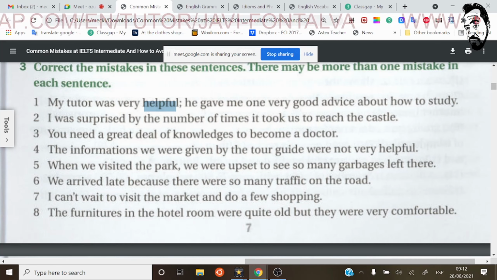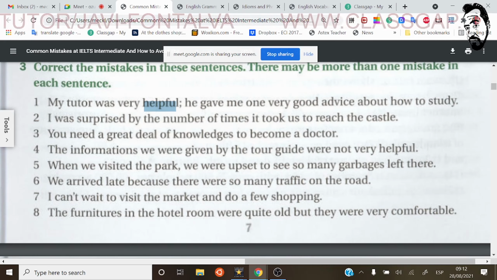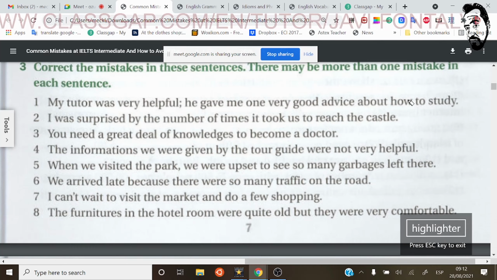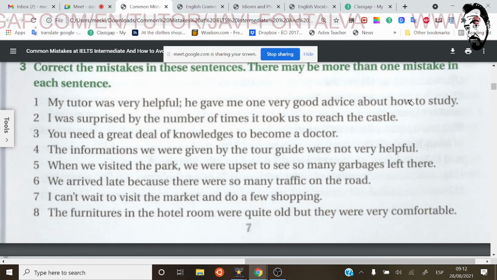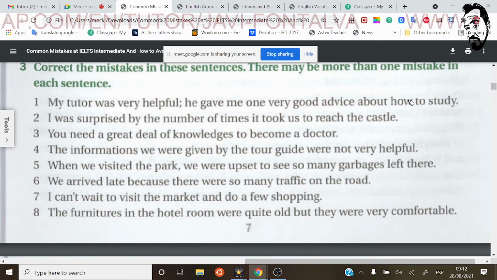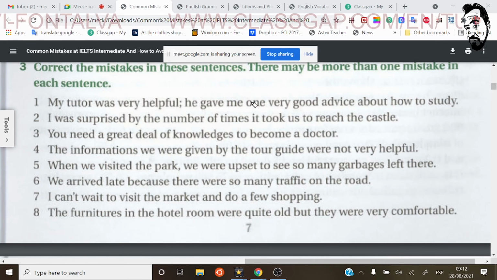So my tutor was very helpful. He gave me one very good advice about how to study. This is not correct. What's the problem? Because it's one. Exactly. You cannot use the word one when you talk about advice.